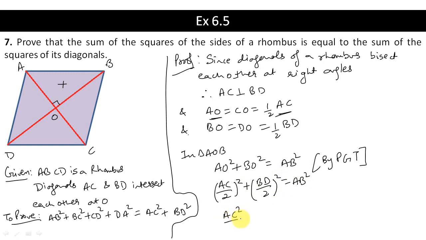So AC square by 4 plus BD square by 4 is equal to AB square. What I have done is squared the numerator and the denominator. So it will be AC square upon 4 plus BD square upon 4. Now if I take the LCM, I'll get AC square plus BD square by 4 is equal to AB square.